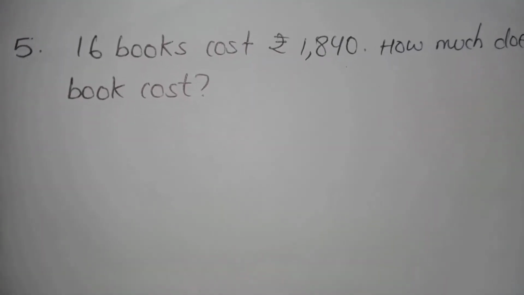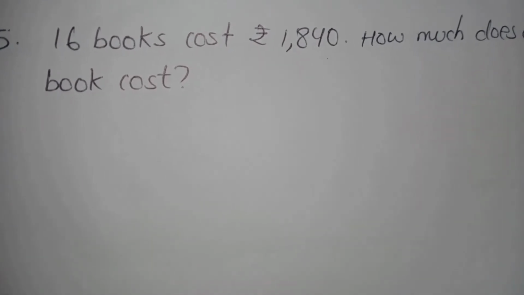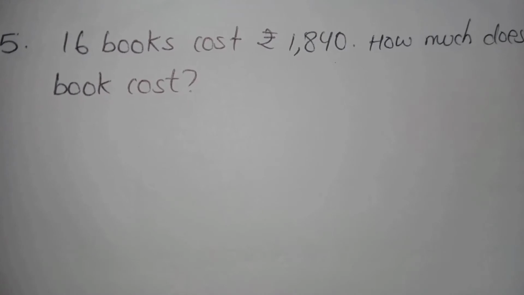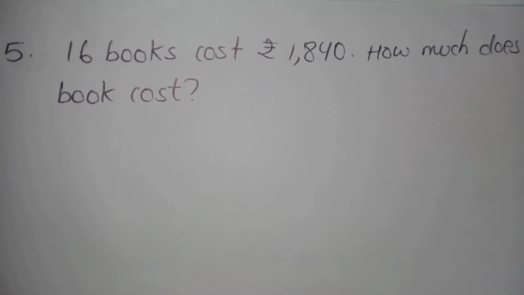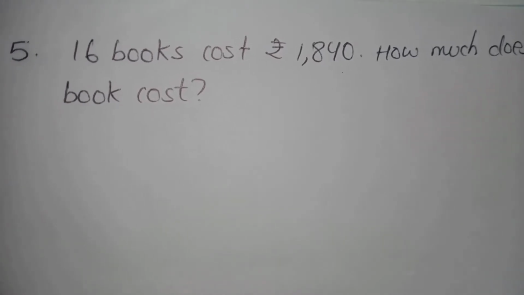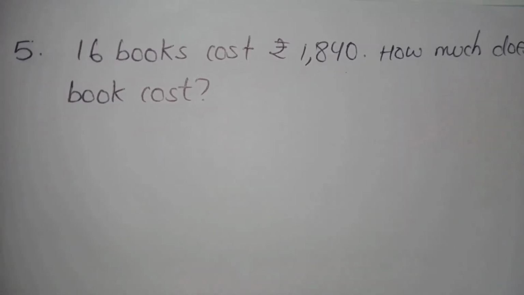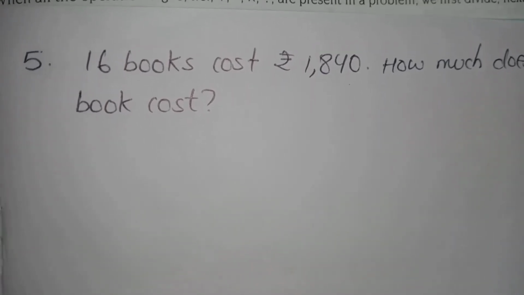For example, you went to the market and bought 5 chocolates. What is the cost of those 5 chocolates? It is rupees 50. You have not said the cost of one chocolate. You have said the cost of 5 chocolates. So what will be the cost of one chocolate?